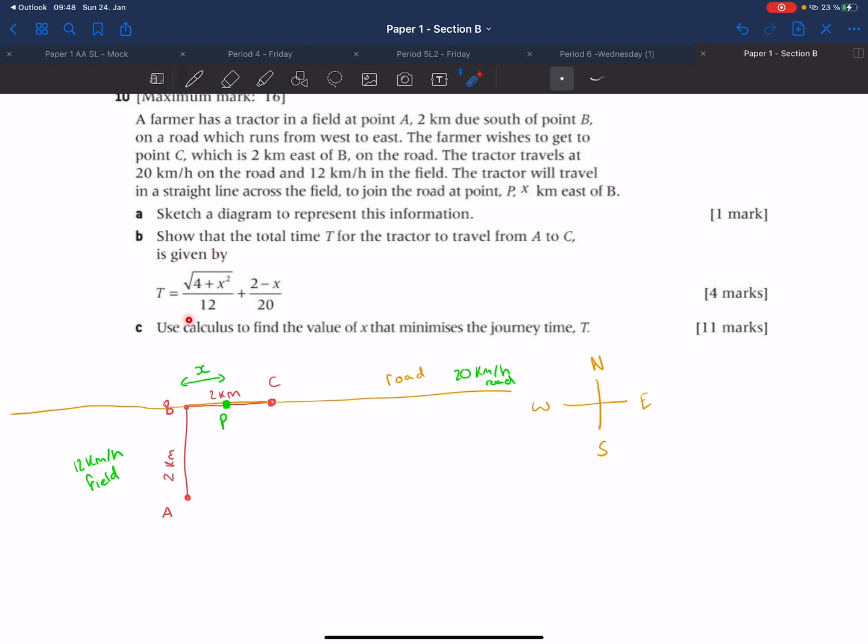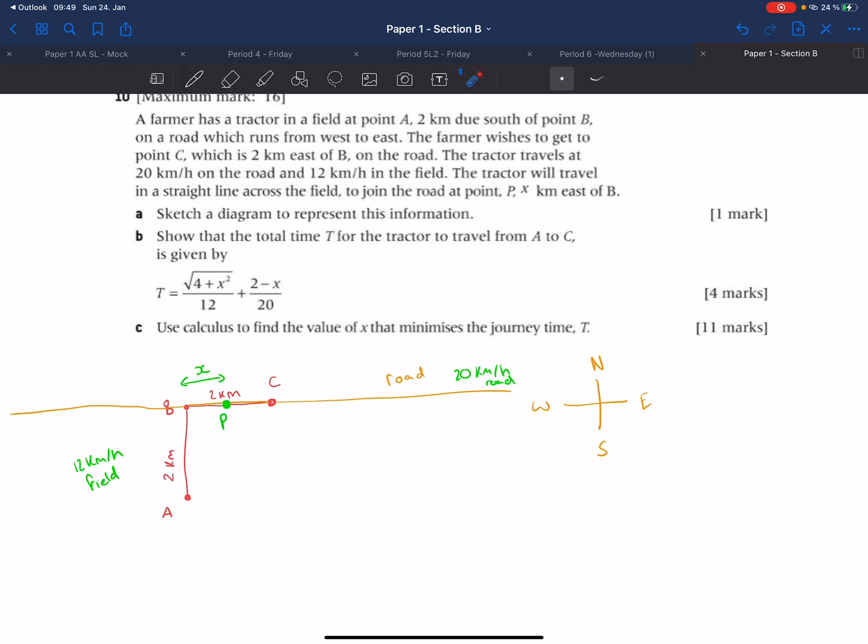So if I'm looking up here and trying to piece this together, that 12 looks like this whole expression is about this part of the journey here. And then this 20 makes me think that part of the expression is about traveling this distance here.